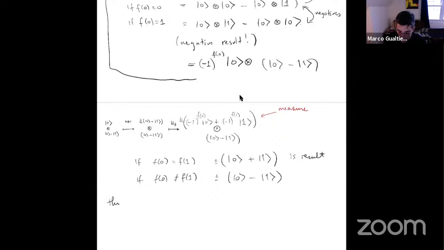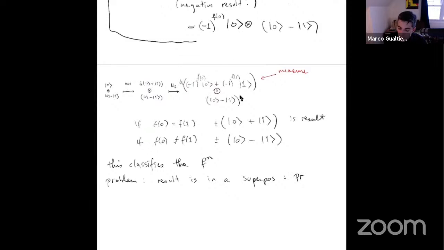So this classifies the function. But there's a problem, which is that the result is in a superposition. So it's a probabilistic result. So that means that if the function happened to be constant, or balanced, you would get one of these states.